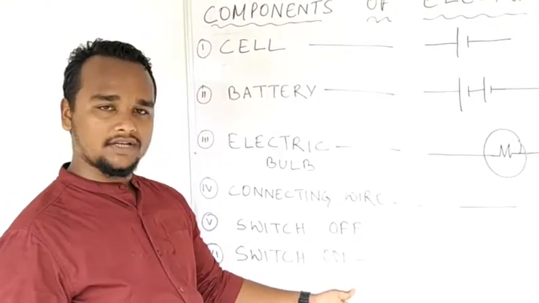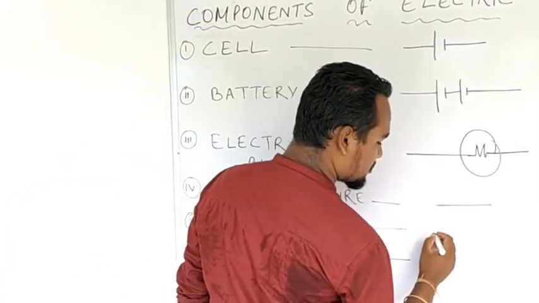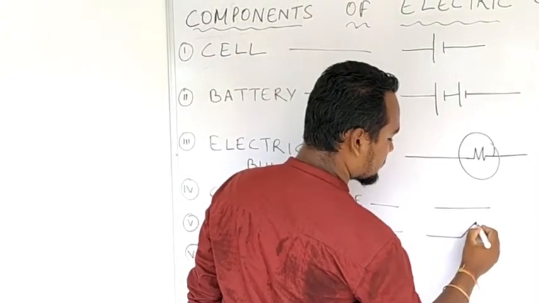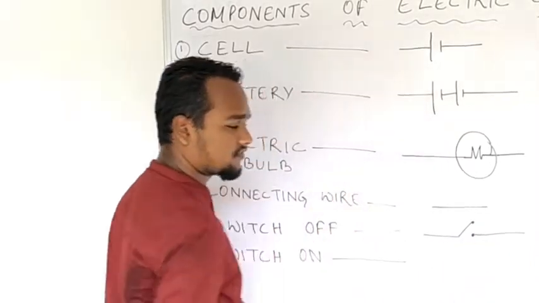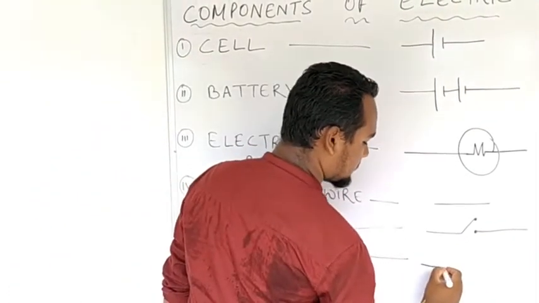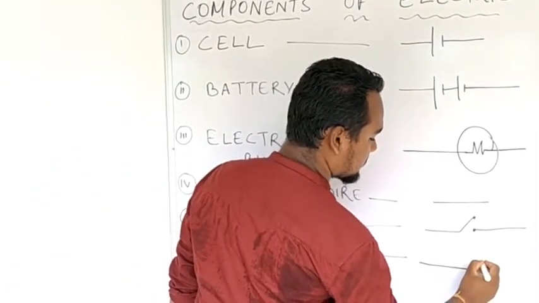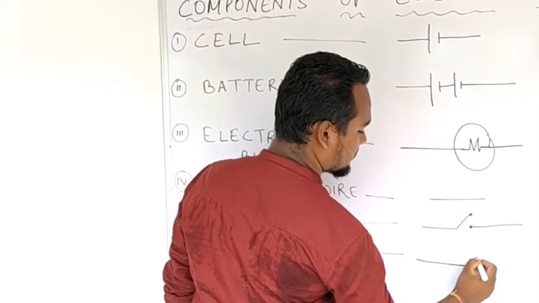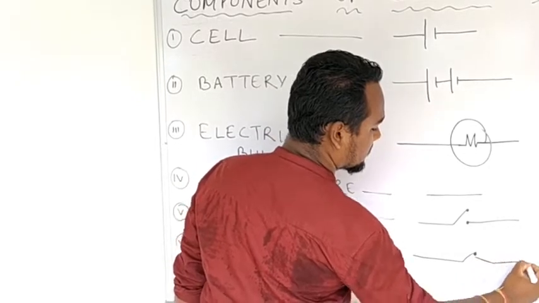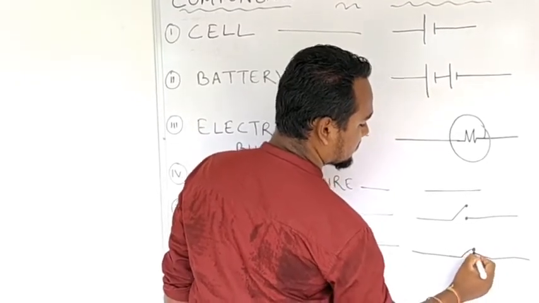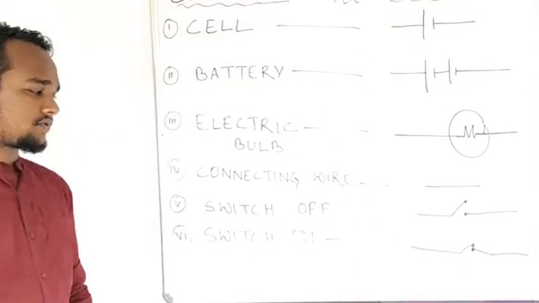The next one: switch off and switch on. How do we denote the switch off and switch on? This is switch off, and this is switch on.